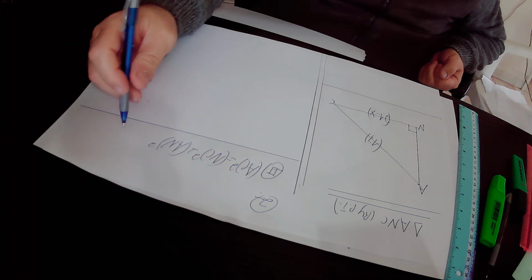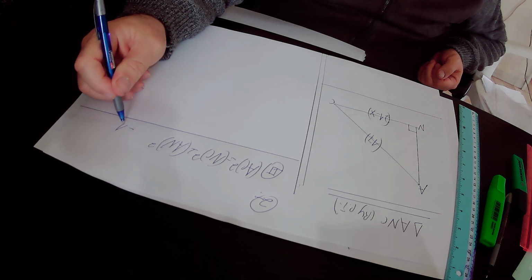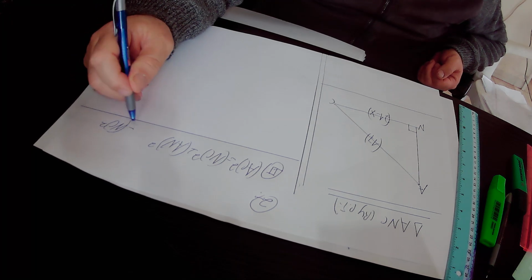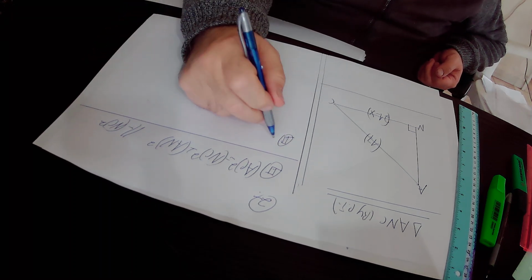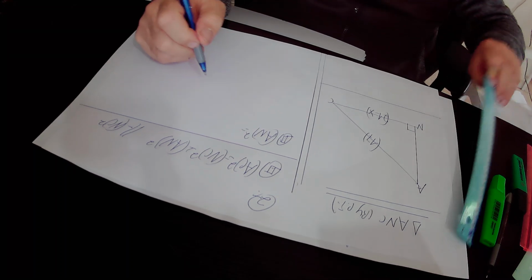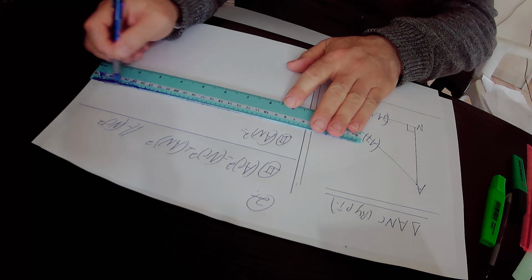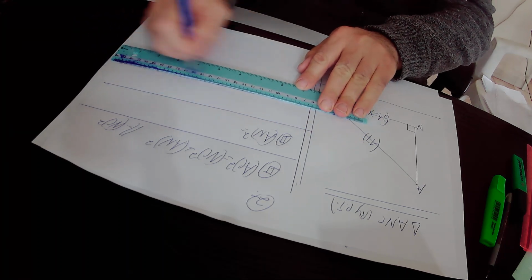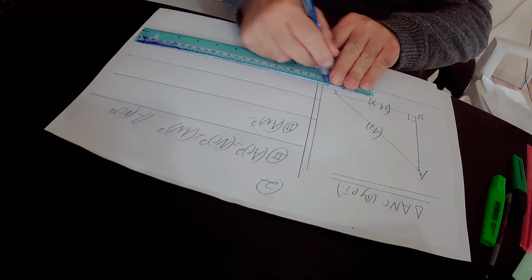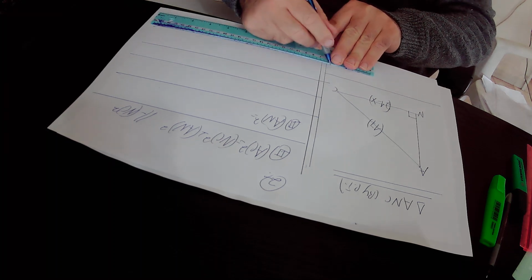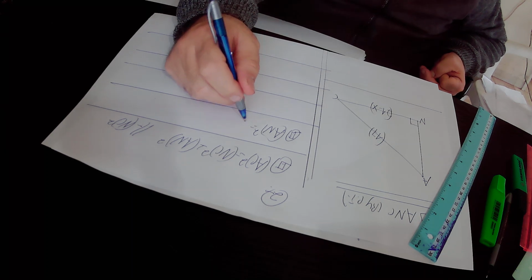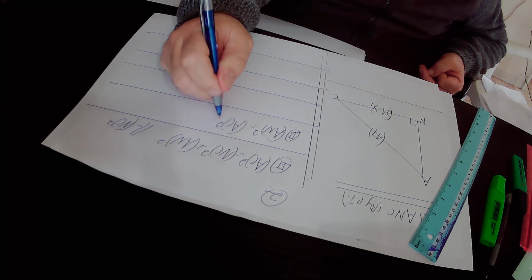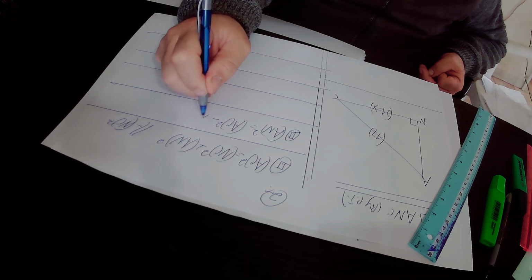Here we subtract NC squared from this equation, equation 2. And again, according to equation 2, AN squared equals AC squared minus NC squared.